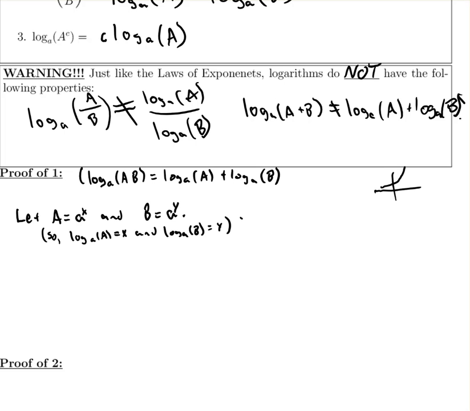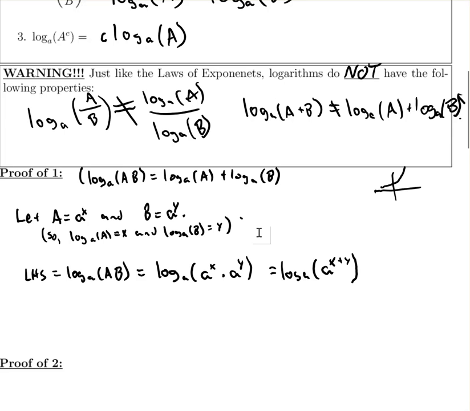Now, one of the main reasons why we did this was because when I take this exponential form and write it as my logarithmic form, it looks exactly like the two pieces I have on my right-hand side of the equation. So now here's where the magic comes in by defining them this way. If I start with the left-hand side of my equation, and I replace A and B with those clever substitutions I made up top, I know that because a to the x times a to the y are both exponentials with the same base, I can combine them by adding their exponents.